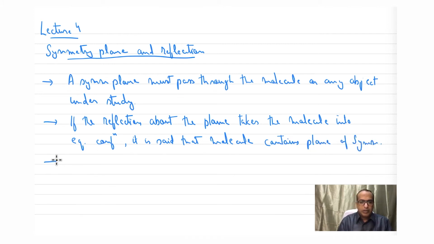Now the symbol, we have learned this before, is sigma, and then there are three different types of sigma: sigma v, sigma h, and sigma d. We'll look at the definition of each of these, but let us first look at the technical definition of plane of symmetry.